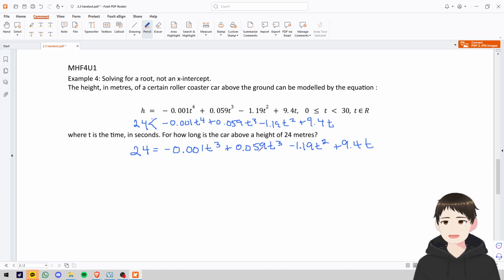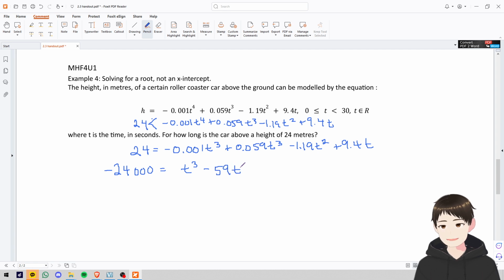Okay, I am going to first get rid of some of these decimals. I'm going to divide everything in this equation by negative 0.001. So 24 divided by negative 0.001 gives you 24,000. This becomes positive t to the power of 3. This becomes negative 59t, oh shoot, power 4.